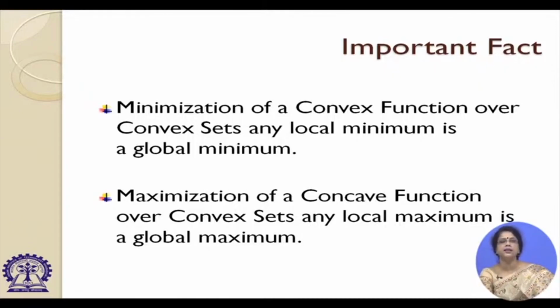It may happen that you will miss the global optimal solution in the search process. You have to be satisfied with the local optimal solution. That is why this is a very important fact for nonlinear programming problem. If you remember this fact, then very easily you can say, looking at the functions in the nonlinear programming problem, you can declare, at least for certain cases, you are achieving global optimal solution, which is our ultimate target.